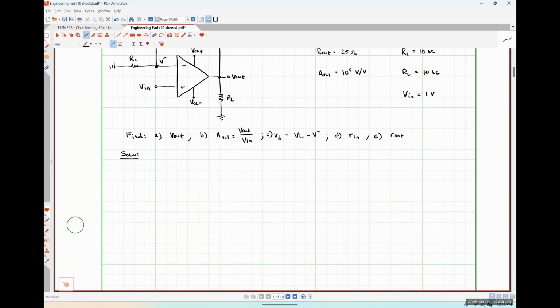So I'm going to start by drawing the op amp model itself. So let's just put that guy here. So here's my input resistance, which was 1 mega ohm in value.